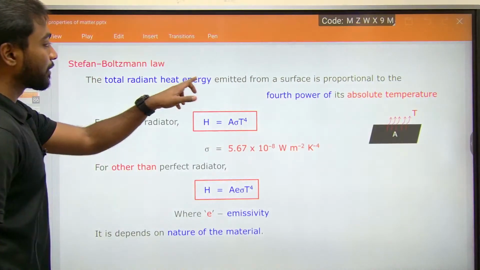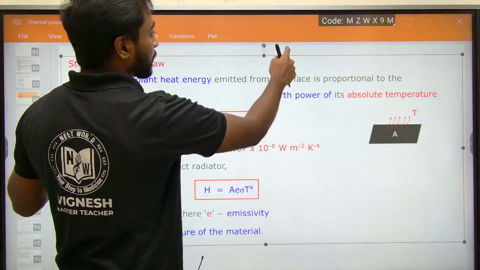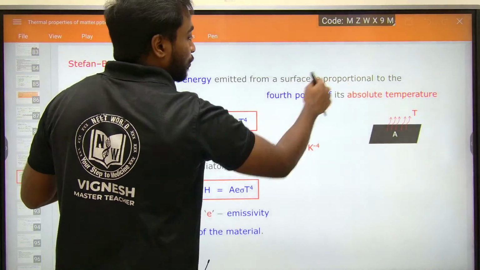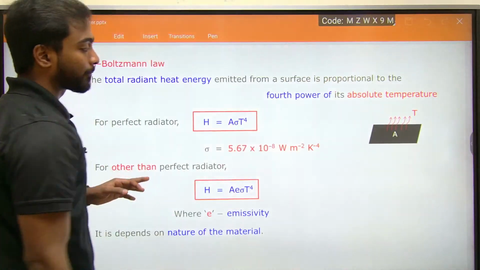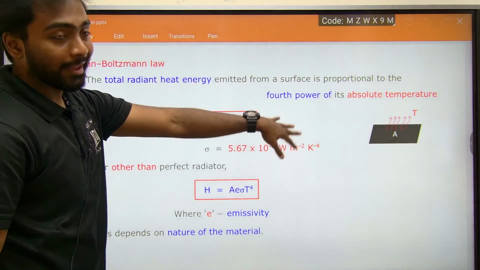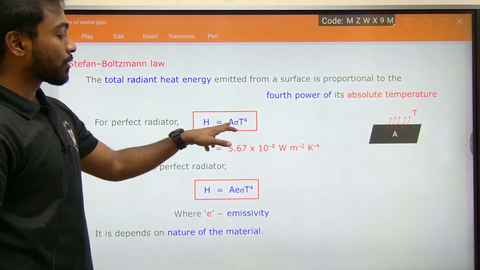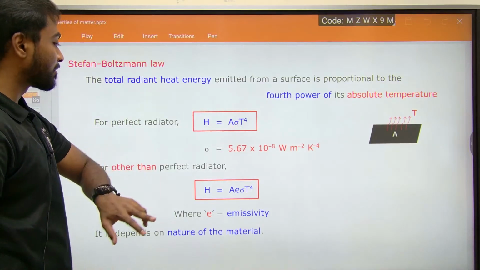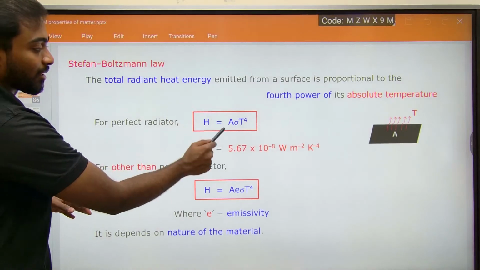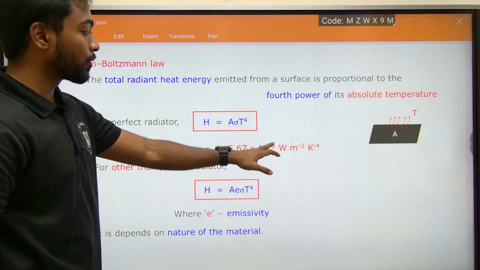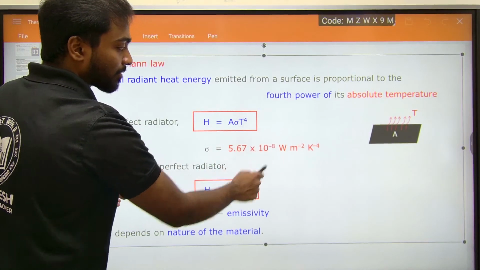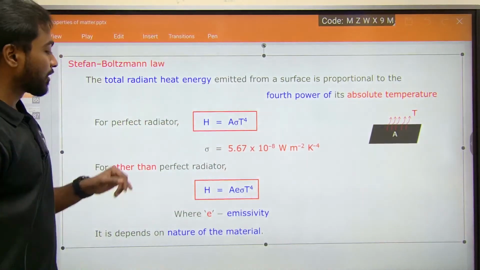It depends upon the area also, so H = A sigma T^4. Sigma is the Stefan-Boltzmann constant, which is 5.67 × 10^-8. So this is Stefan-Boltzmann's law.